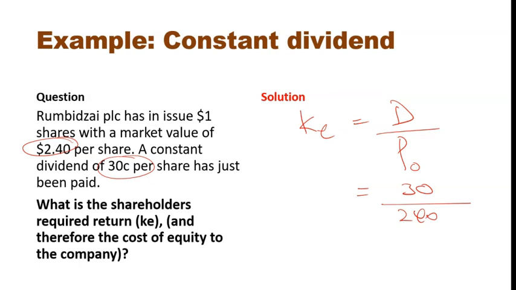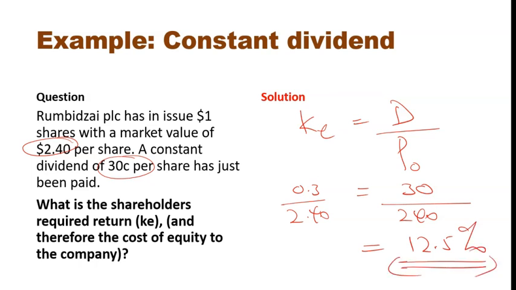You could use the decimal as well, 0.3, because 30 cents is 0.3, over 240. This is the same as 30 over 240, which is equal to 12.5%. That's your KE.